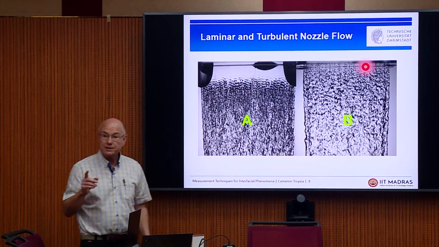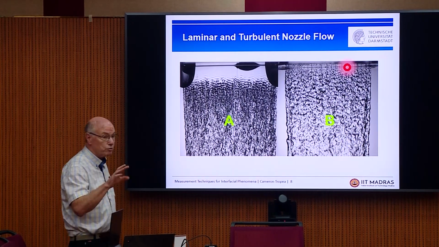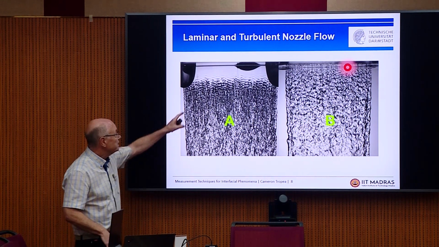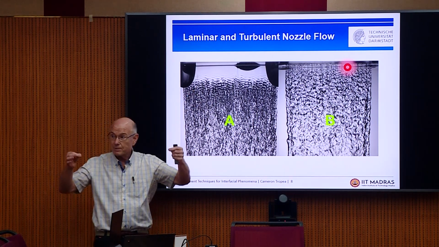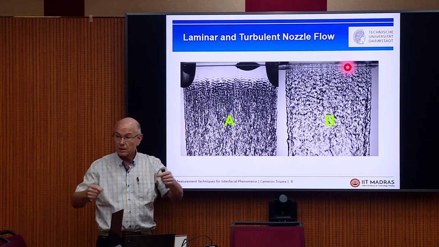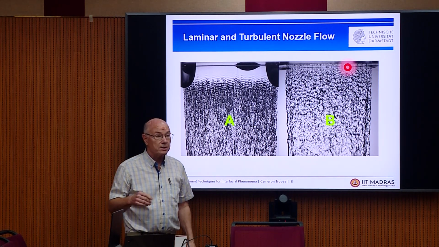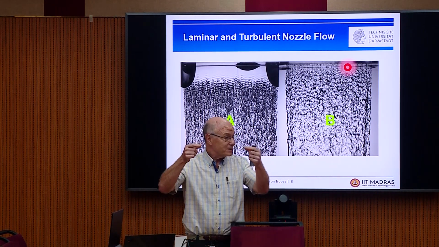Okay, this is a good example. This is an old experiment from my own laboratory, maybe 2001. And here we have a liquid sheet coming out of a nozzle. In the one case, everything is laminar in the nozzle, and in the other case, everything is turbulent in the nozzle. And so you can see already the disturbance in the nozzle.